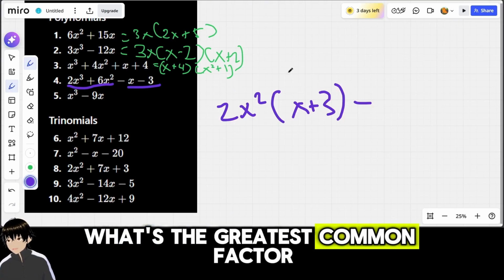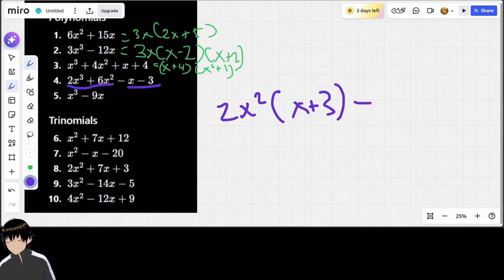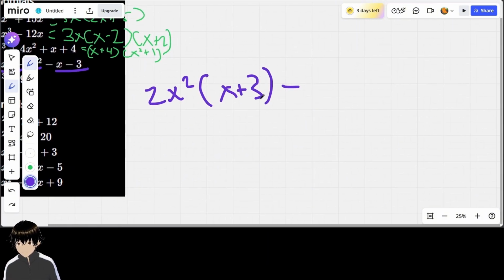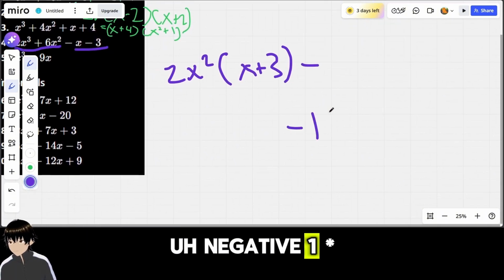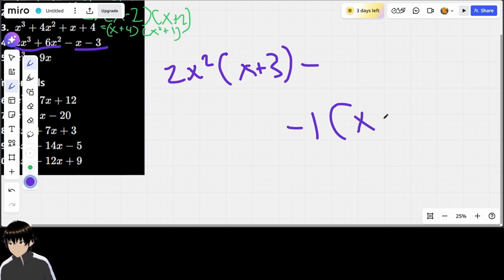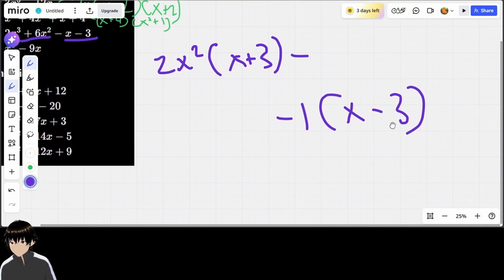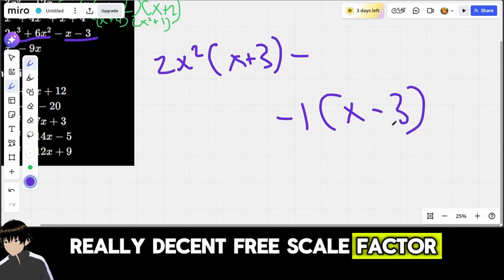Let's find the greatest common factor. It's just -1. So we have -1 over here. -1. X minus 3. Okay. Really guess it. Greatest common factor.